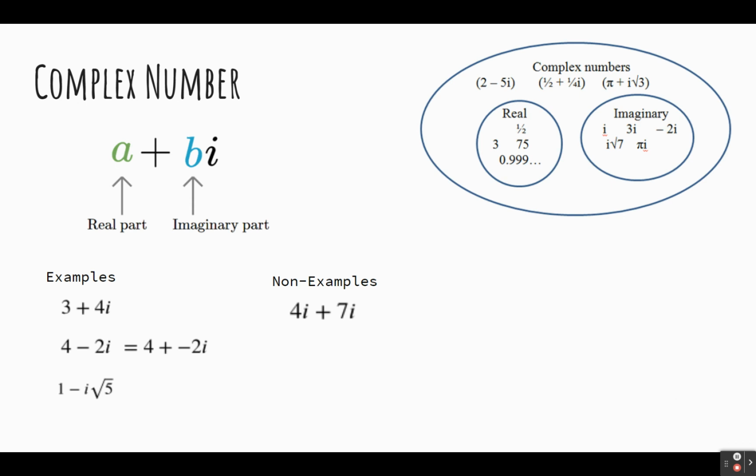Those are imaginary plus imaginary. It would need to be a real number and then an imaginary to be complex. So this one is not correct form for a complex number. Also 3i plus 2. That is not in the correct form for a complex number because the real part would need to go first and then the imaginary.